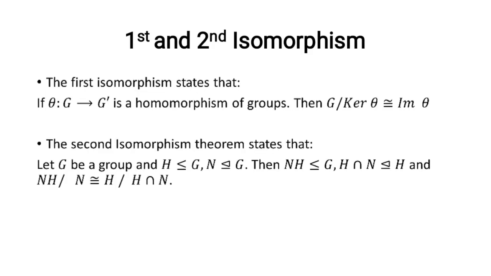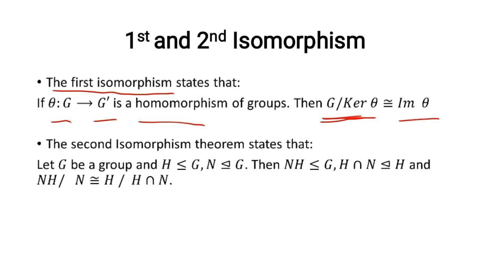So you will need to be able to state these isomorphisms by heart. I don't need you to prove it. For now, we will not worry about the proof of the theorem. So you need to be able to state the first isomorphism theorem, meaning that if you have a map theta from G to G prime, two groups, and it's a homomorphism of groups, then G modulo the kernel of theta is isomorphic to the image of theta.